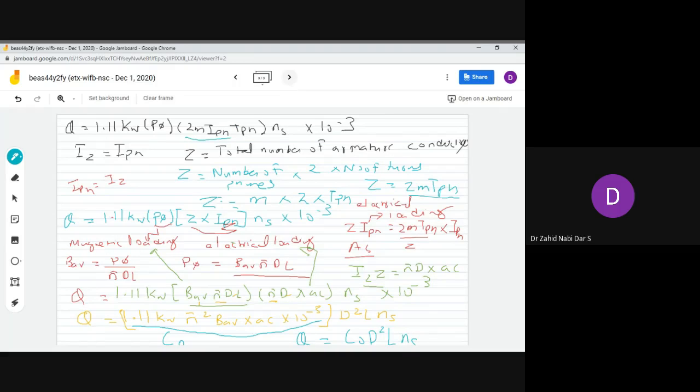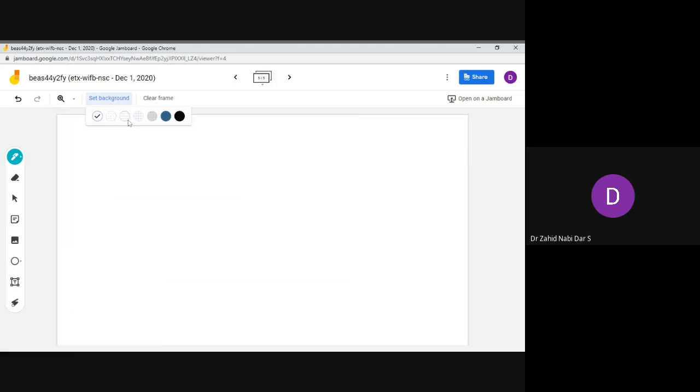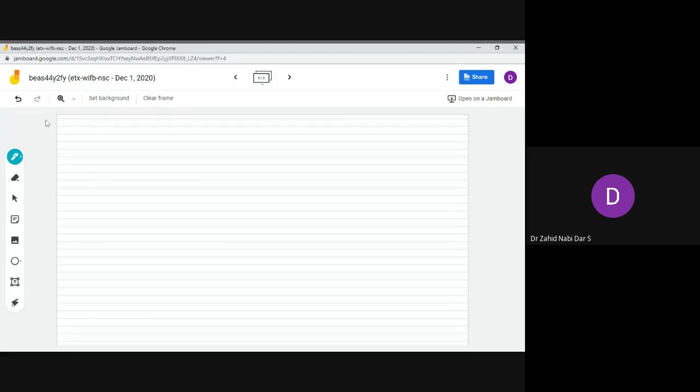So Q would be equal to C naught d square L into ns, where C naught is equal to 1.11 pi square BAV AC kW into 10 power minus 3 into d square L ns.